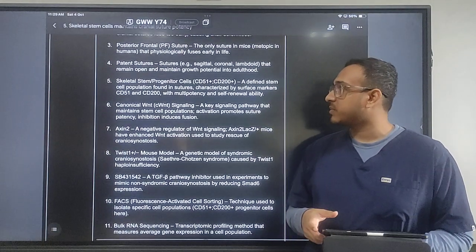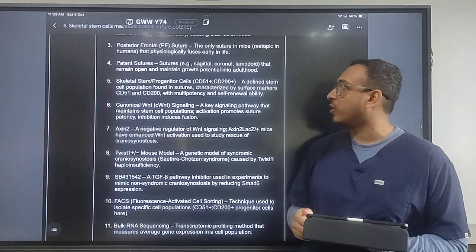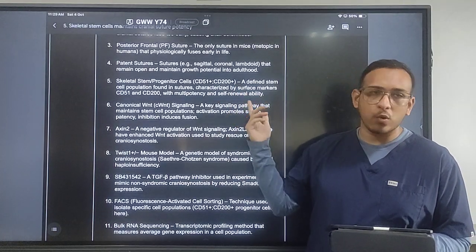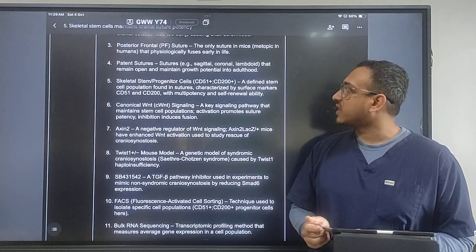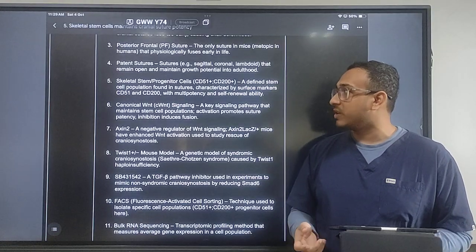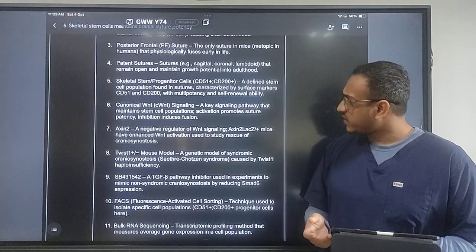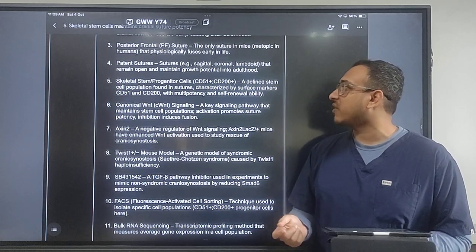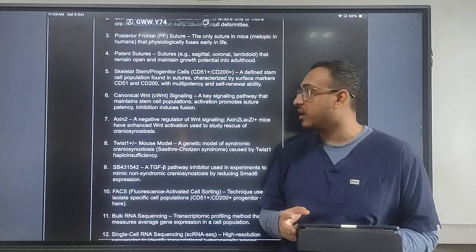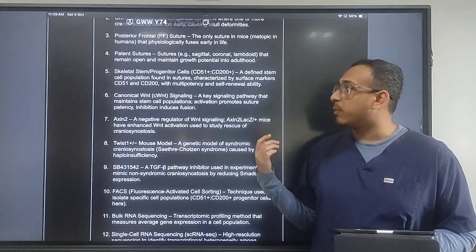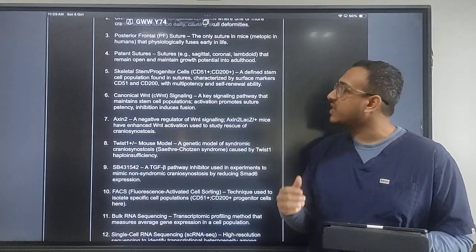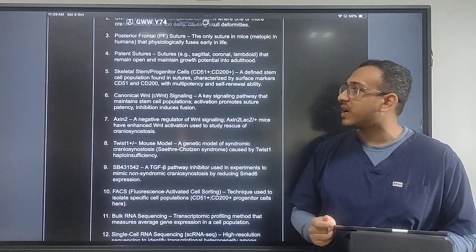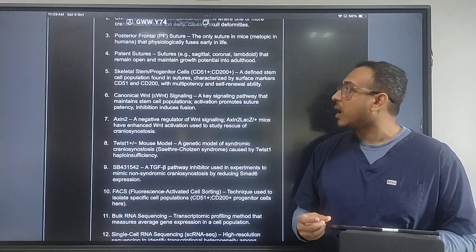The skeletal stem and progenitor cells are CD51 plus and CD200 plus. It is a defined stem cell population found in sutures, characterized by surface markers CD51 and CD200, with multipotency and self-renewal ability. The canonical WNT signaling is a key signaling pathway that maintains stem cell populations.